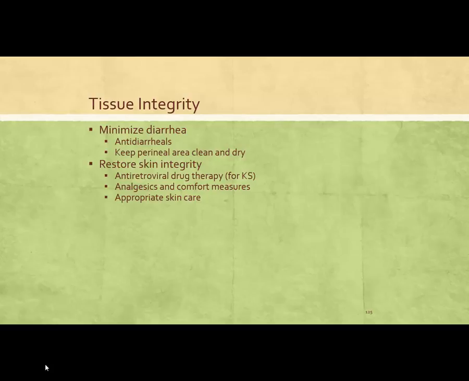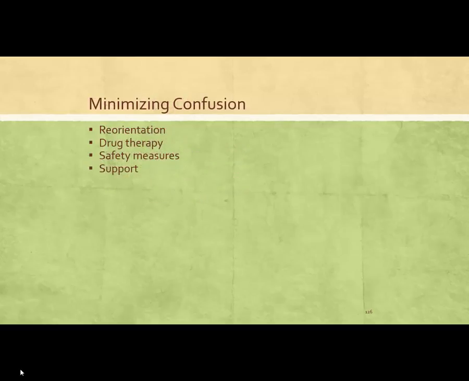And then with the skin integrity medications, a lot of those antiretroviral drugs will help with the Kaposi sarcoma. And then again, just maintaining appropriate skin care for the patient. Minimize confusion, so offer reality reorientation. We might see some psychotropic drugs used to manage behavioral problems, safety measures in the home as well as in the hospital setting, and being honest and sensitive to support, find out what type of support systems they have.